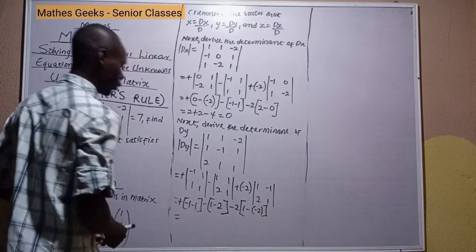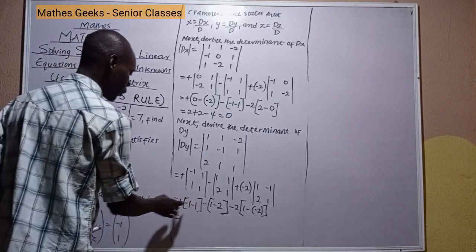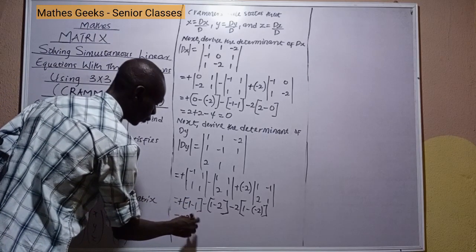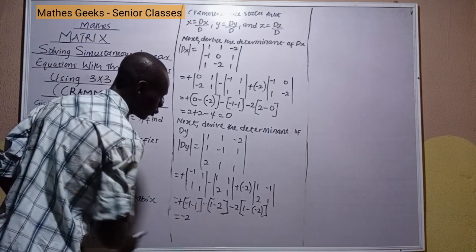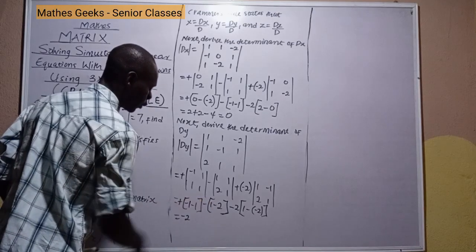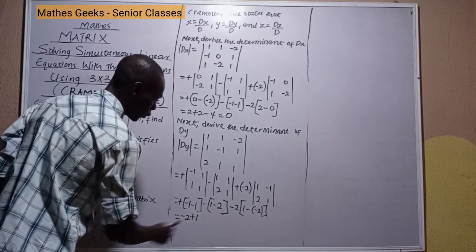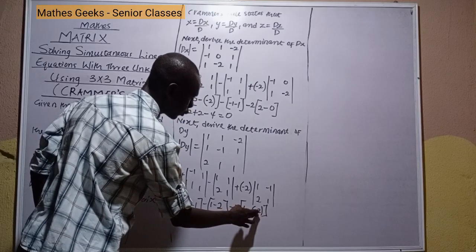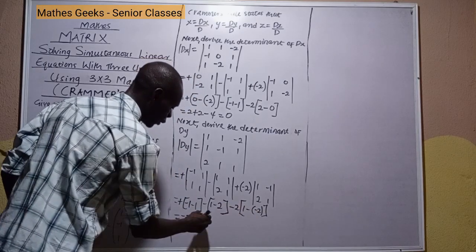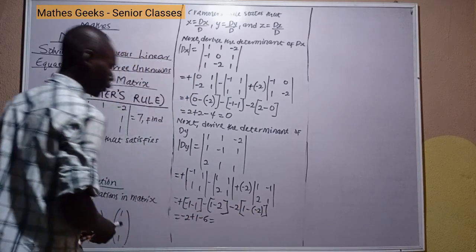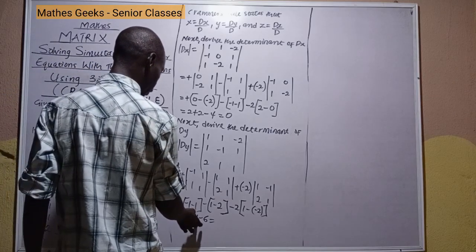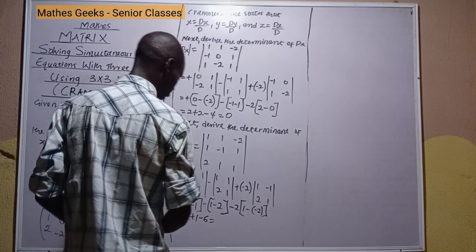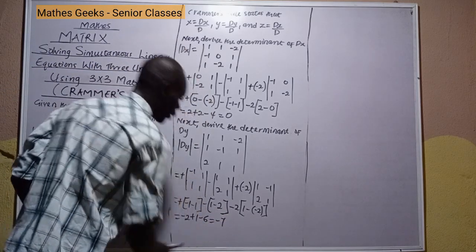Minus 1 times minus 1 is equal to minus 2, minus 2 times plus 1 is minus 2, 1 minus 2 is minus 1, minus 1 times minus 1 gives plus 1, minus times minus is plus 1, plus 2 is 3, 3 times minus 2 is minus 6, so minus 2 plus 1 is minus 1, minus 1 minus 6 is minus 7.